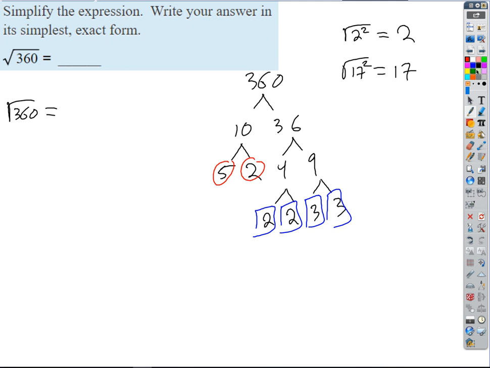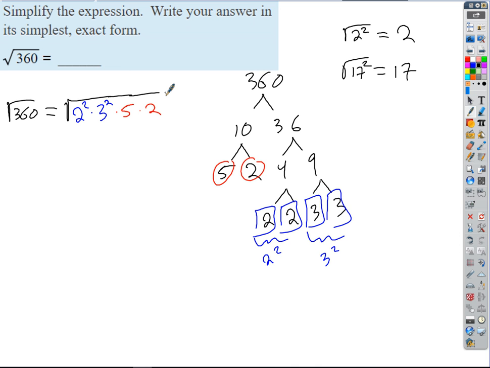And so we could write the square root of 360 as the square root of 2 squared, times 3 squared, times 5 times 2.